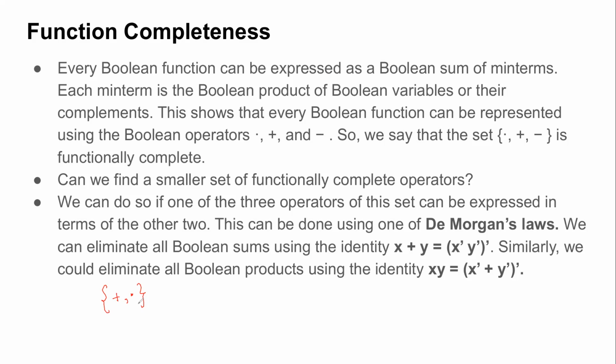Hasib, did you say yes for this before? Do you think this is functionally complete? How do I get a complement from it? See, I'll get Boolean sum directly because the operator is there. I can get Boolean product because the operator is there. How do I get complement?